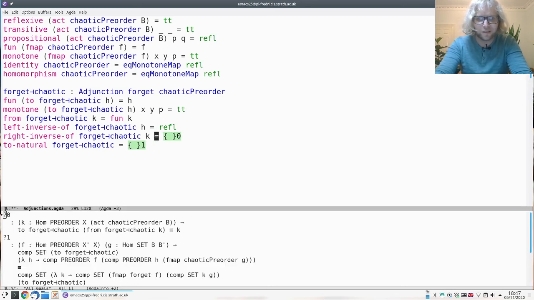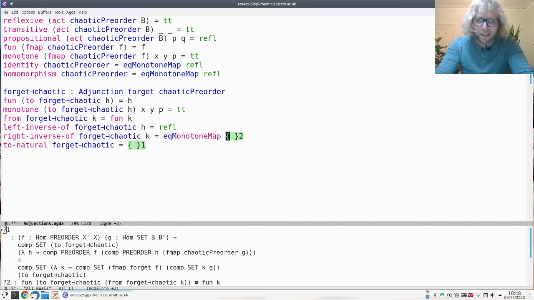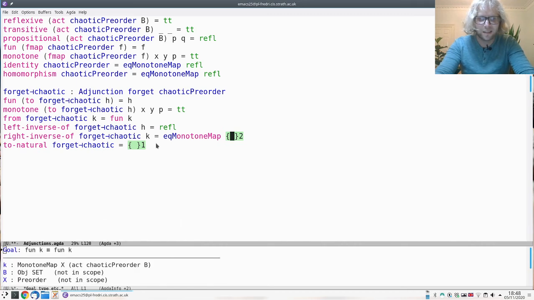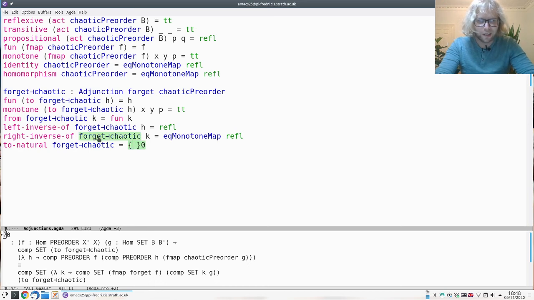And similarly, if I start with a k, I look at its underlying map, and then I upgrade it again to an order preserving function like this, then it looks like I could be in trouble because I've now thrown away the preservation proof I originally had and replaced it with this, right? But remember, we had this principle that it's enough that the underlying maps are the same. The underlying map is k in both cases, right? So that's also okay.